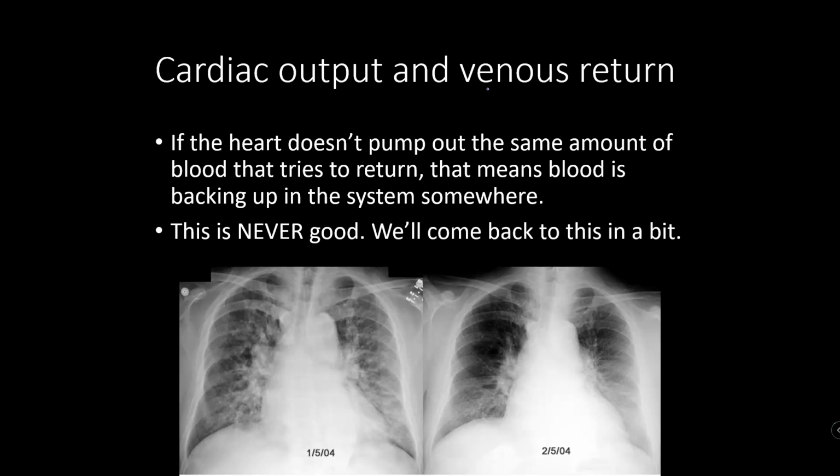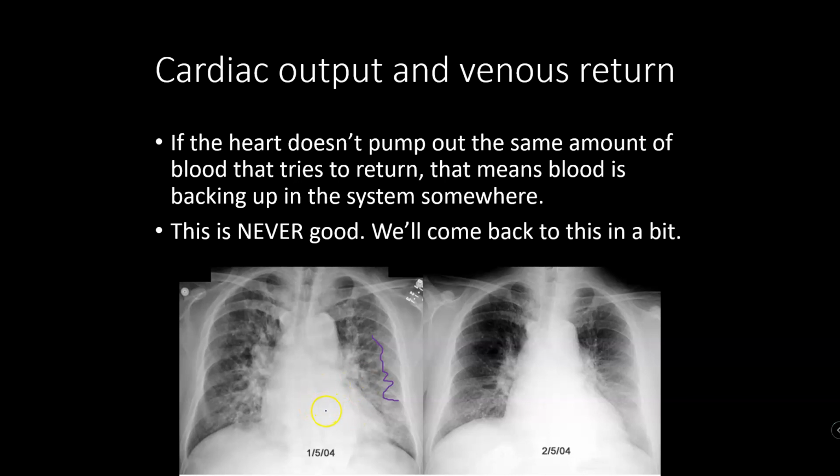Here in this set of pictures, we have a person who has what's known as pulmonary congestion. Now here in this case, congestion is not you have a snotty nose. It's you are congested with fluid because the heart is failing. You can see the cloudiness in the lungs in these images here, especially in the forward image for the January of 2004 image.